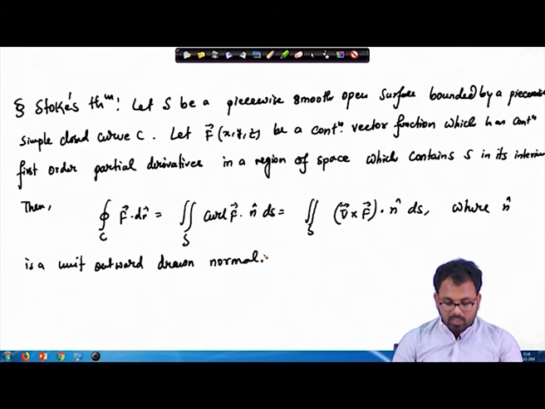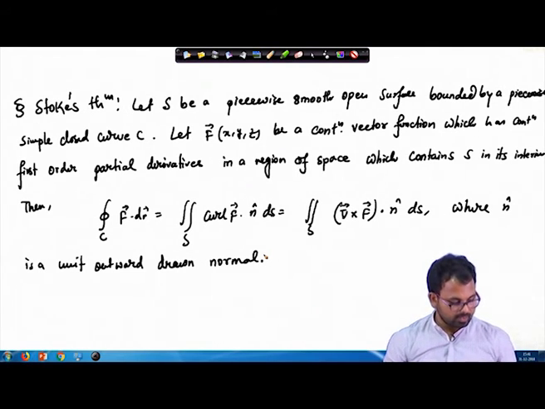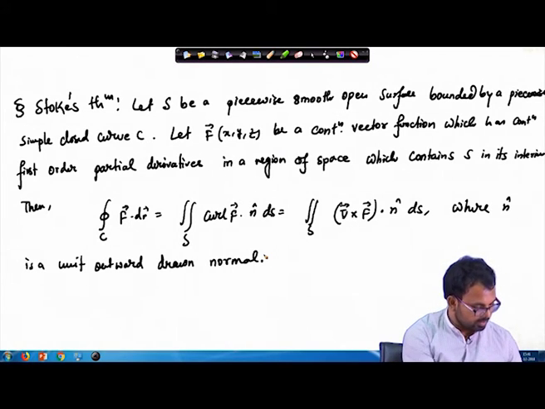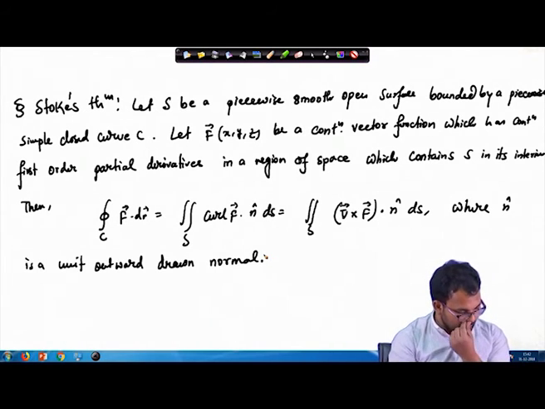So, this is the required statement, and we can also write this theorem in a Cartesian form. I have it in my lecture notes here.